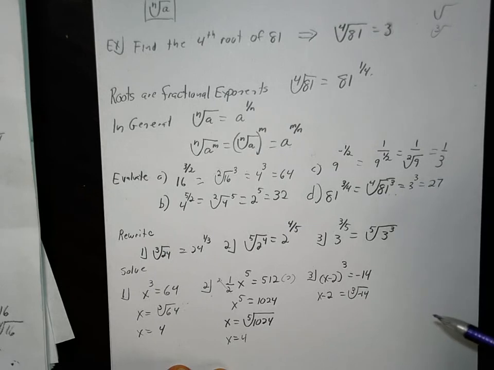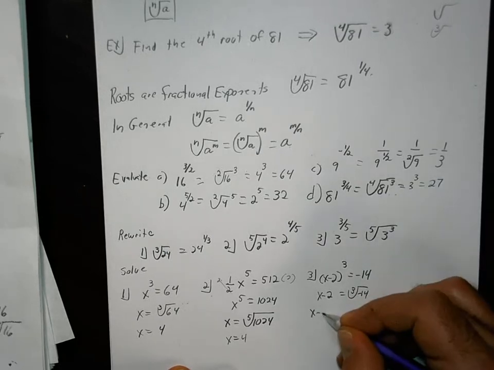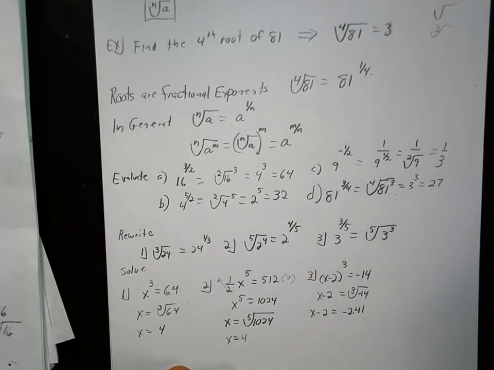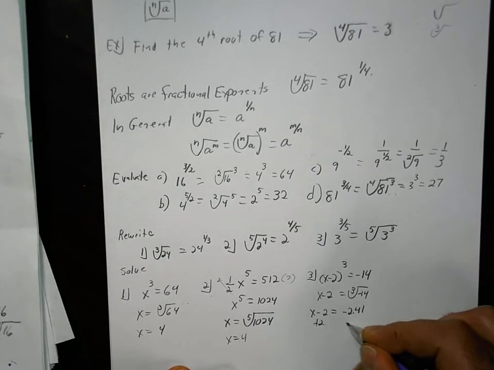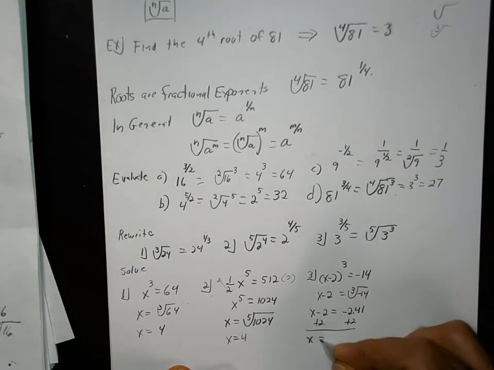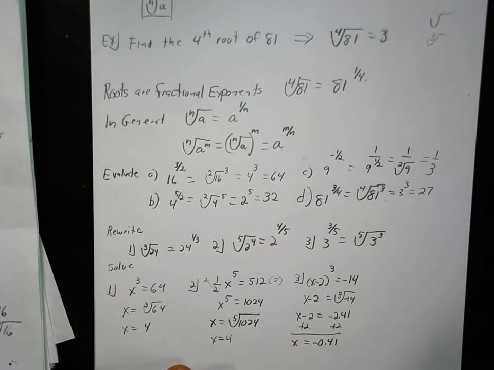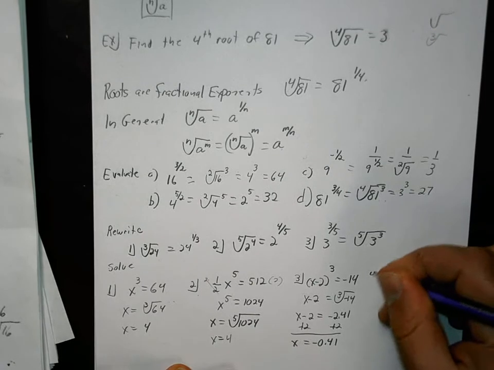The cube root of negative 14 is actually negative 2.41, I believe. So then I can add 2 to both sides and get negative 0.41. Okay.